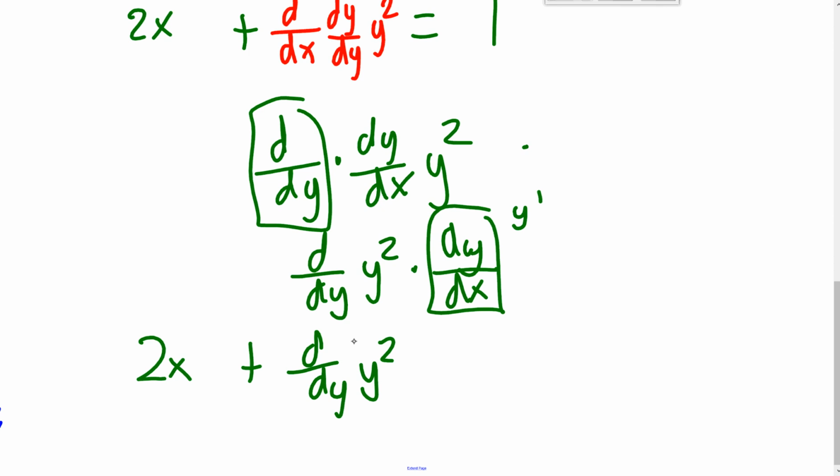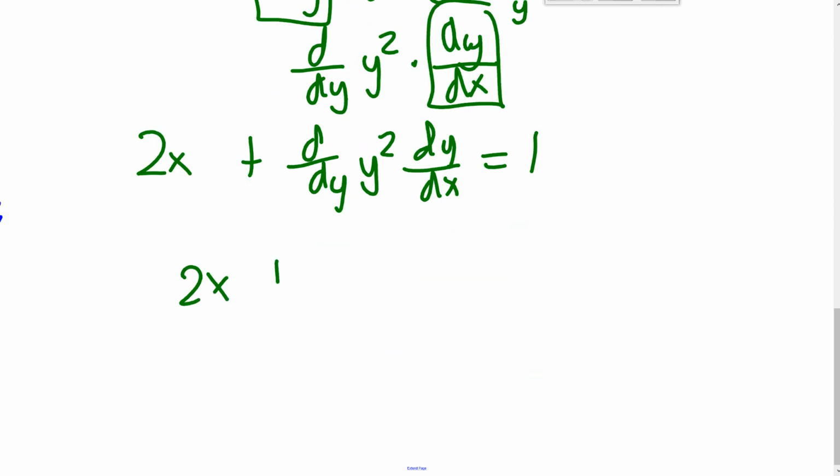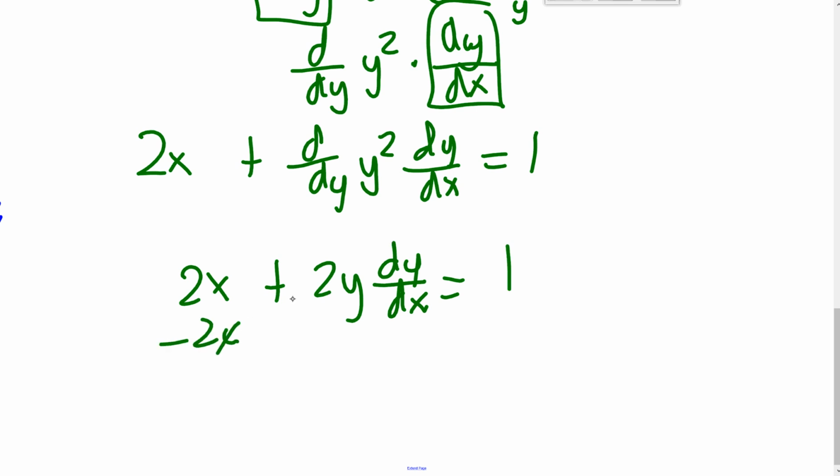So then we have 2x plus d over dy of y squared. Now I can actually technically take the derivative of that, because now it's saying take the derivative in terms of y, times dy over dx equals 1. And so 2x plus 2y times dy over dx, which again is just y prime. So we can see that's just the same as before. Now we get the dy over dx by itself, or y prime.